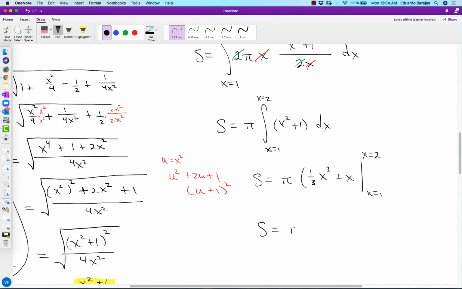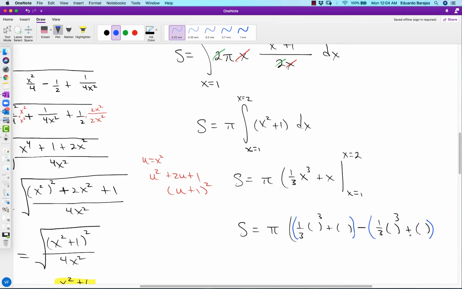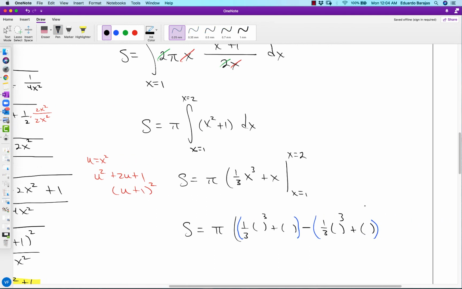So s equals pi times 1/3 blank cubed plus blank minus, and well, actually let's put parentheses here, so this is that, and then minus, and then 1/3 blank cubed plus blank, close that parentheses, and put another parentheses out here.